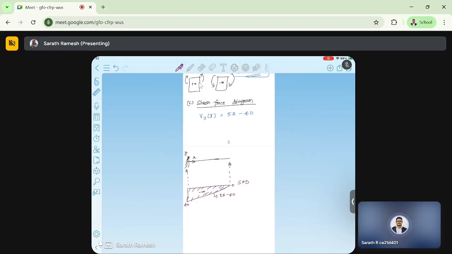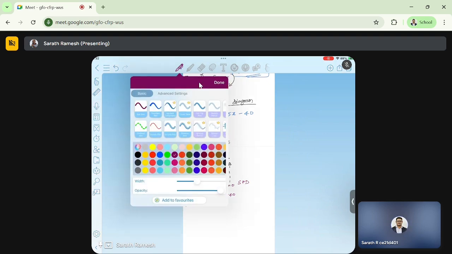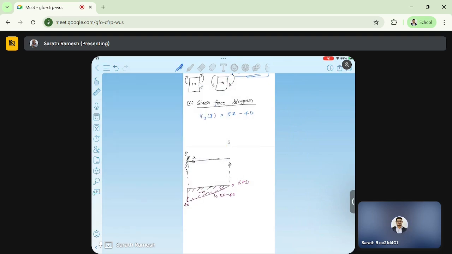How do we find the maximum shear force? Looking at the diagram, we can simply say, but if you want to do it with math, we find the derivative.